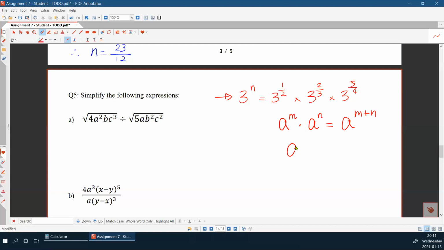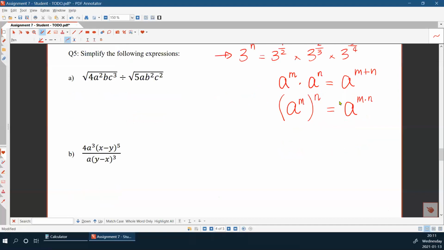And a to the m, brackets, to the nth. This is a to the m times n. Can you see the difference? Okay, write this down beside this question, okay?